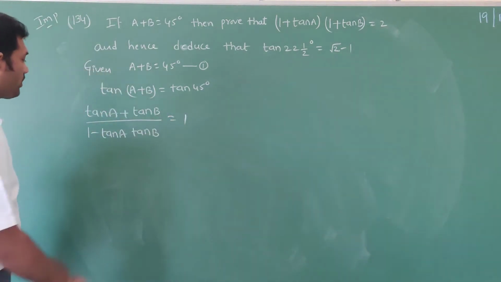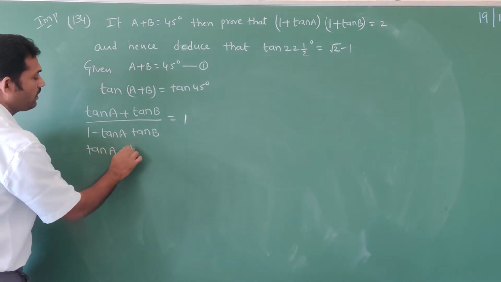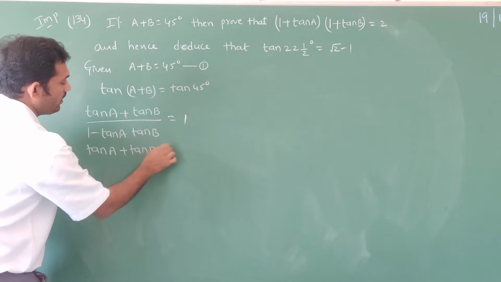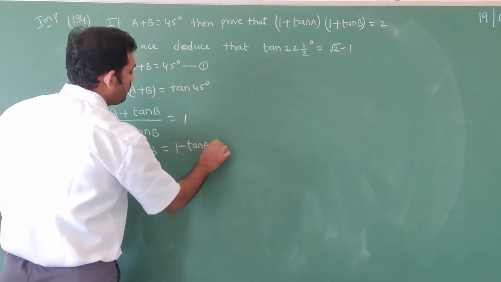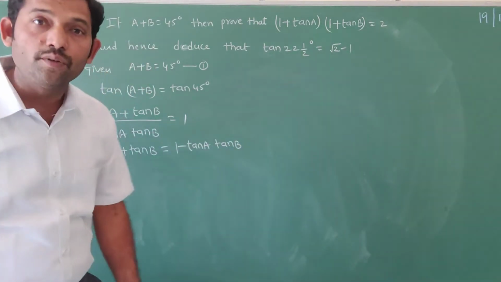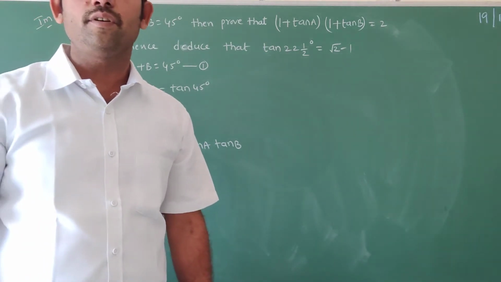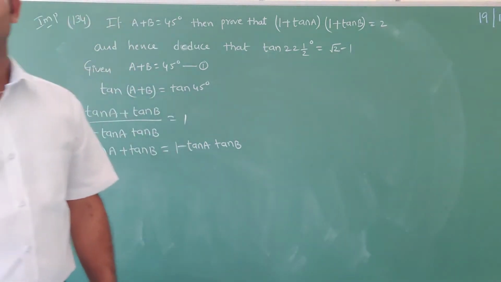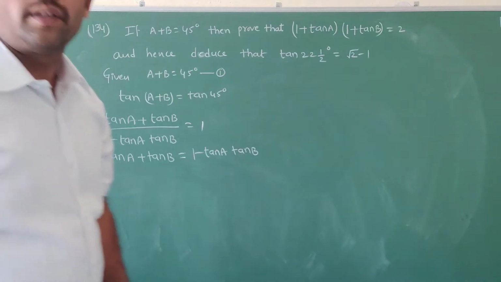Again cross multiplication: tan A plus tan B is equal to 1 minus tan A into tan B. Understand? Next, continuation.